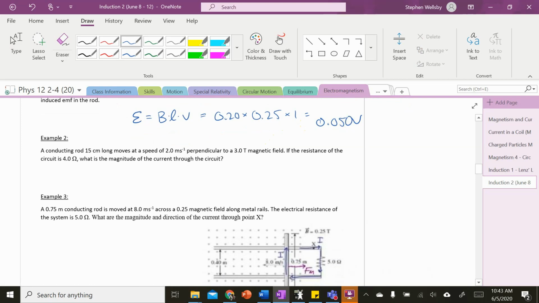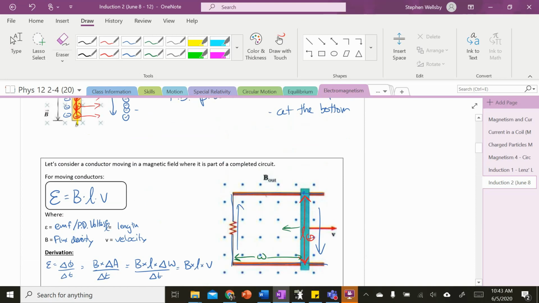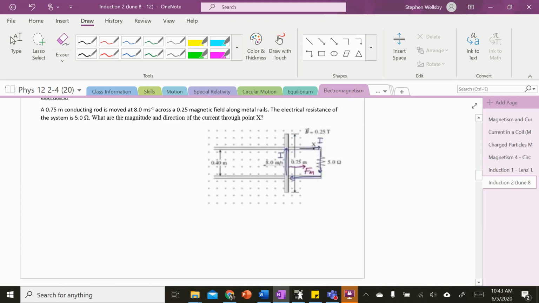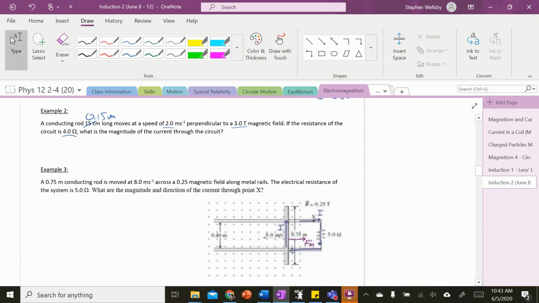Okay, example number 2. We have a 0.15 meter long rod moving at 2 meters per second, 3 Tesla field. If the resistance is 4 ohms, what is the magnitude of the current through the circuit? So this is just like one of these problems up here, very similar. So let's give this one a shot here as well. Well, we need to solve this in two parts.